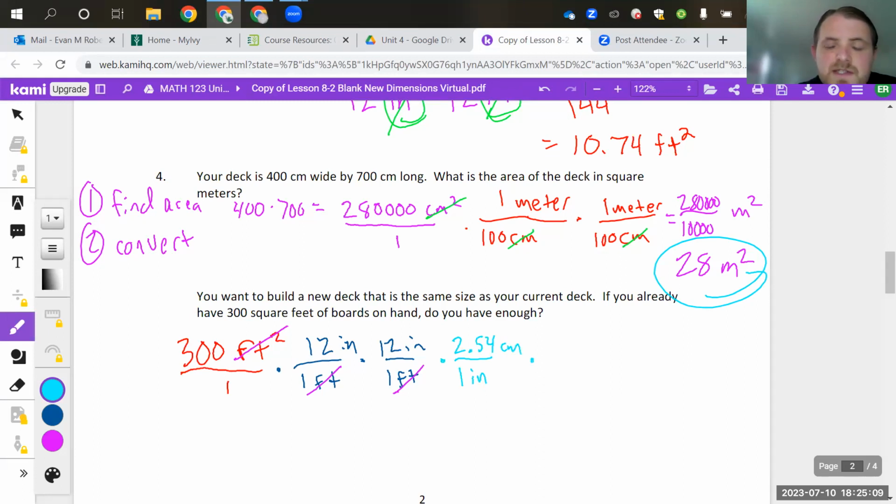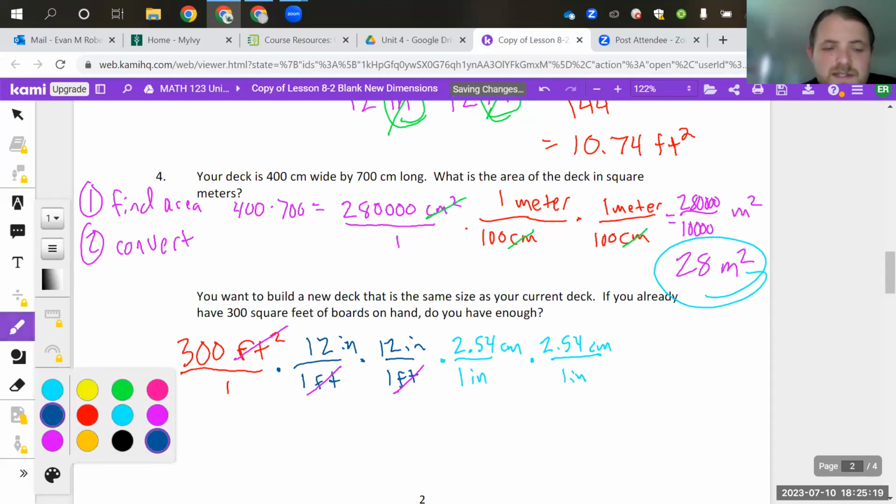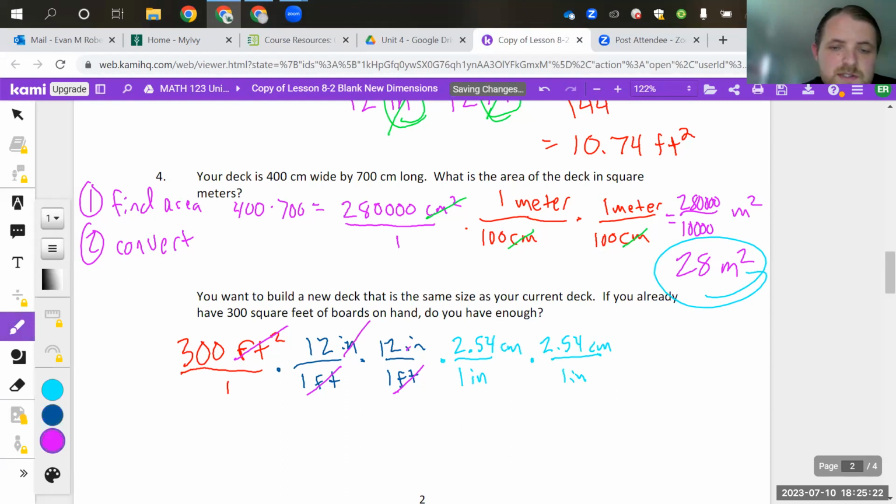And again, I will need 2 of those light blues because everything is squared. And so now all those inches are gone. And so now I'm going to have centimeters squared when I multiply all that out on top.